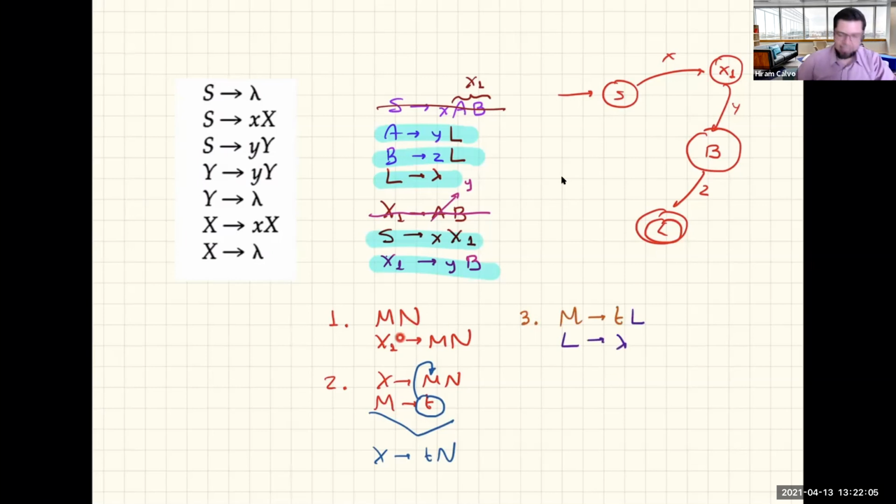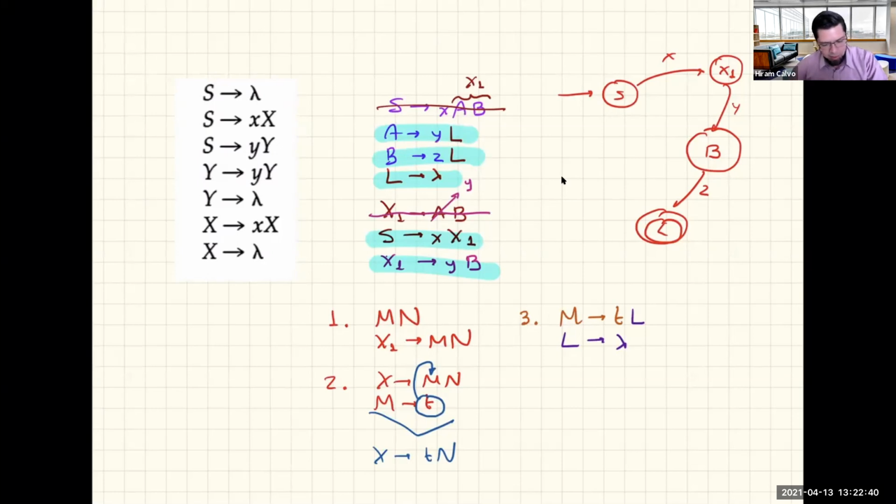So these three mechanisms you will be using, but there is no exact way of using them. There is no order. They say 1, 2, 3, but sometimes you need to apply first number 2, and then number 1, and then number 3, etc. You have to try if they lead you to obtain rules in the canonical way.